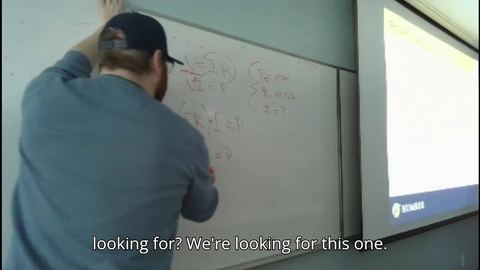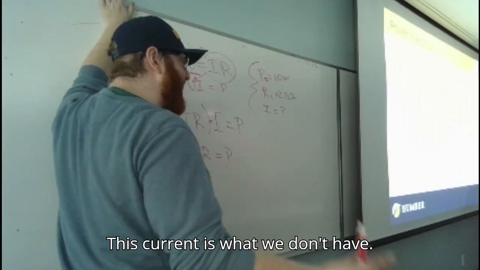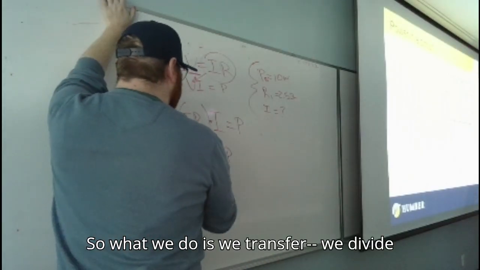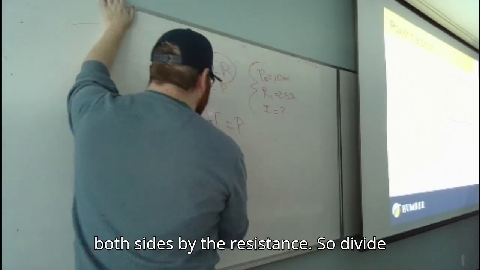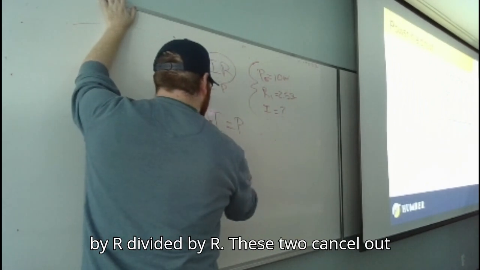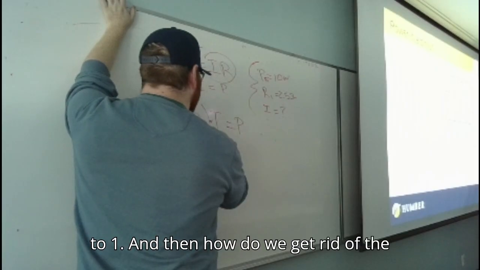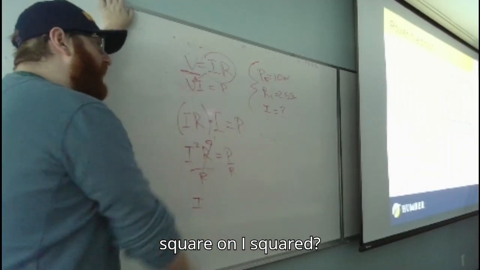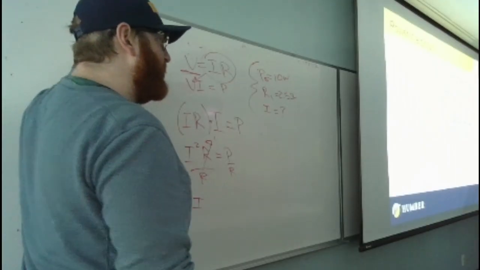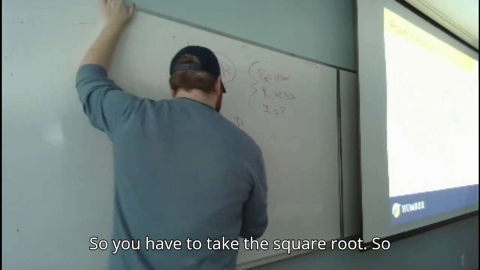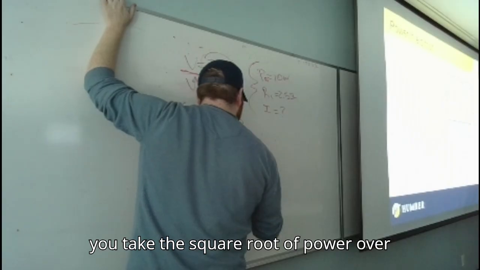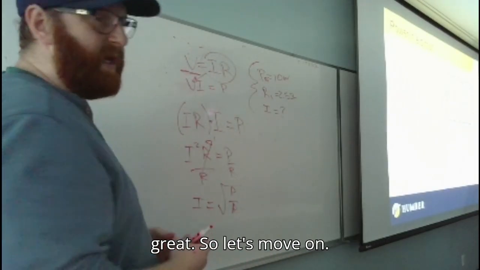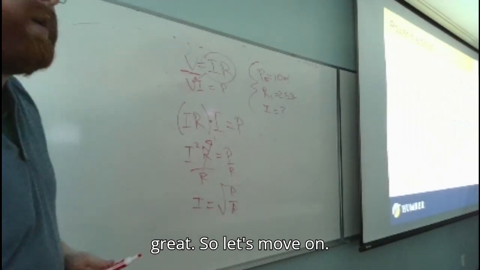We're looking for this one. This current is what we don't have, right? So we divide both sides by the resistance. Divide by R, divided by R. These two cancel out to 1. And then how do we get rid of the square on I squared? You have to take the square root. So you take the square root of power over resistance. Does that make a lot of sense? Yeah, thank you. Okay, great. So let's move on.